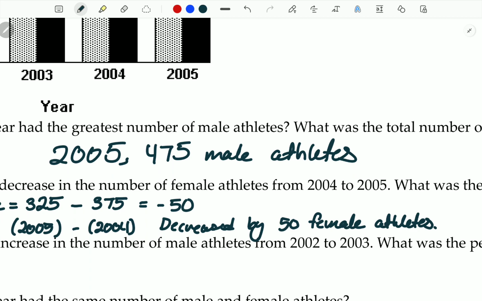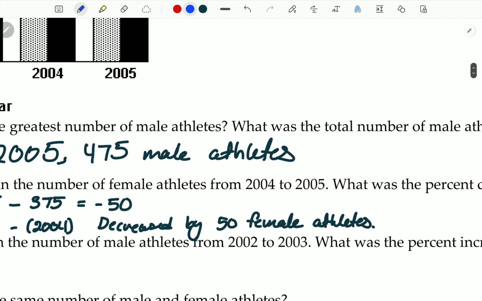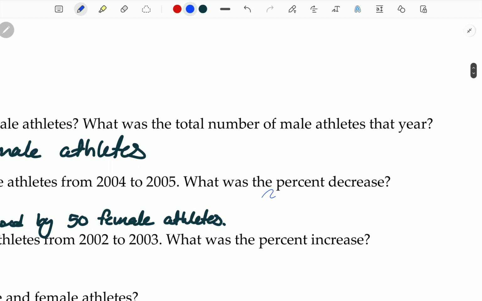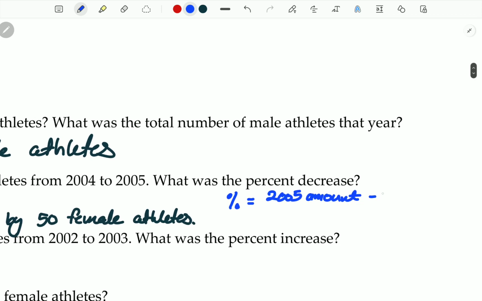Now, this next part says, what is the percentage of the decrease? To find the percent of the decrease, this is going to equal the 2005 amount minus the 2004 amount, and that's going to be divided by the 2004 amount.